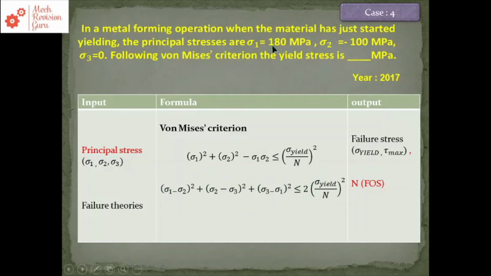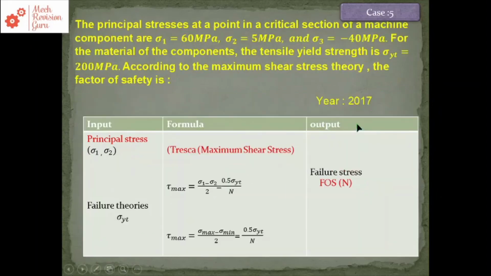In our case it is a three principal stress problem, so use the second formula to determine the yield stress. Here n is the factor of safety. You assume the factor of safety is equal to 1, then determine the yield stress for this problem.